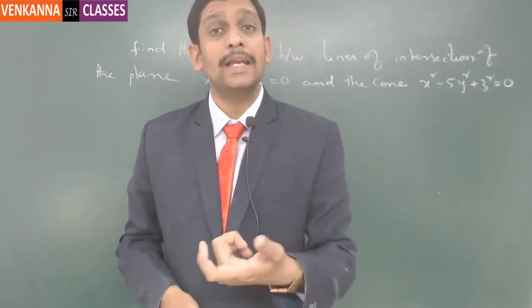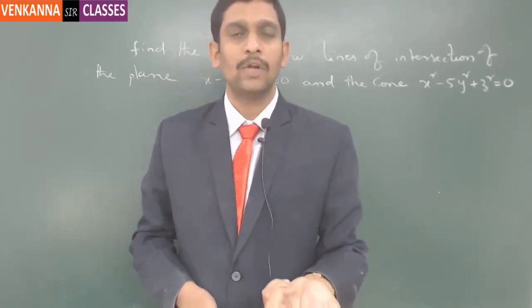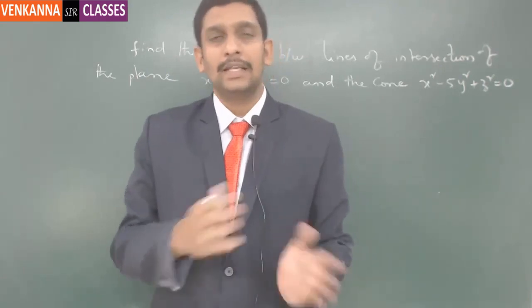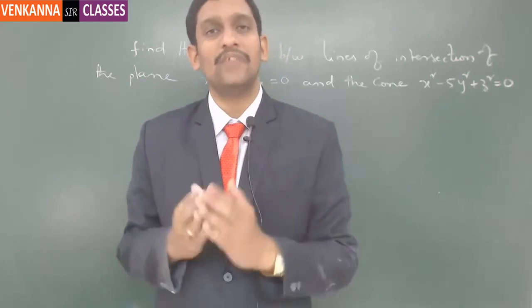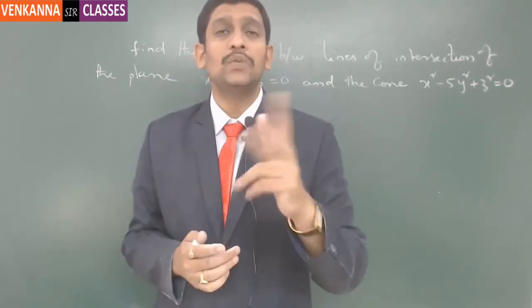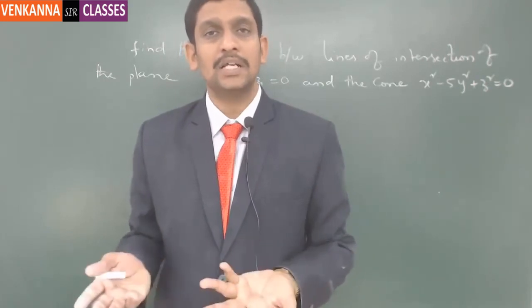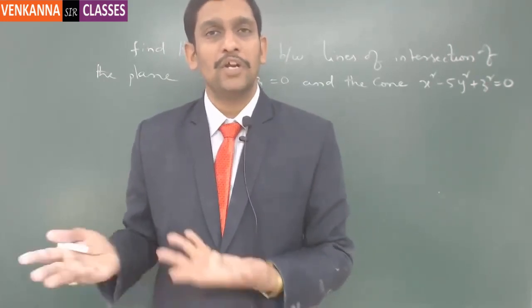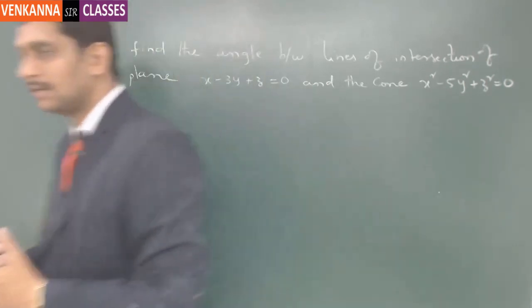Since it lies on the cone, we call it the generator of the cone. If you calculate the equation of the generator, it is nothing but the lines of intersection. Once you know the two lines, it is very easy to calculate cos theta, using the formula a1a2 plus b1b2 plus c1c2.